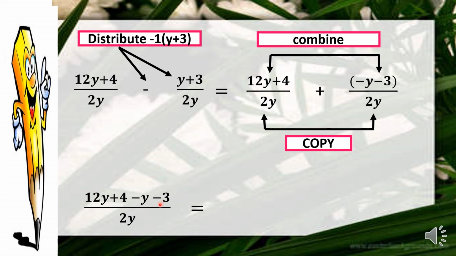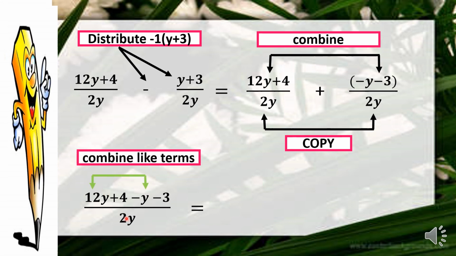Okay? So yung next step natin is just to combine like terms. Tulad nung previous example natin sa addition, pag nakikita ninyong mga like terms, i-combine lang ninyo. You have to be careful also dun sa ating mga signs in combining. So dito, you need to combine 12y at saka negative y and then positive 4 and negative 3. Dito, unlike signs yan, so 12 minus 1.